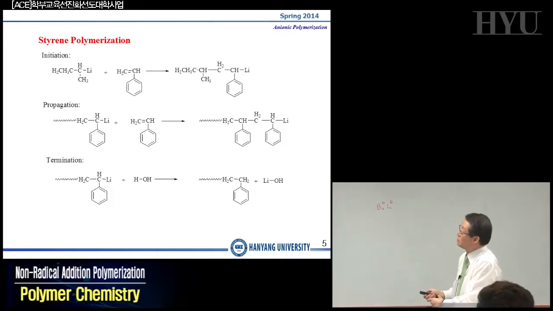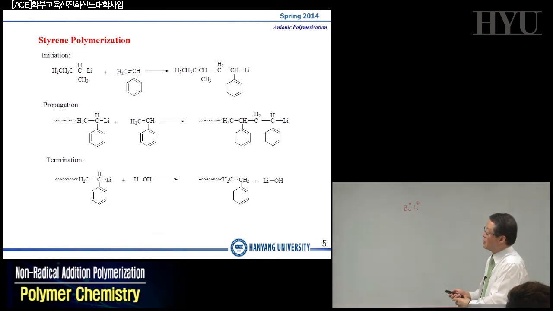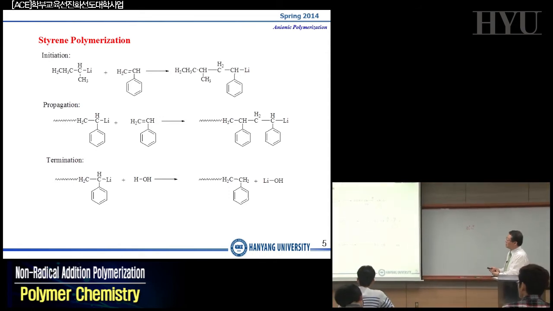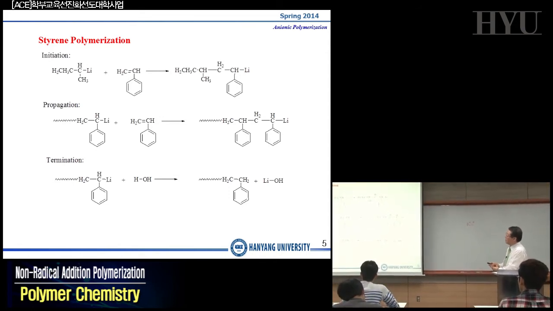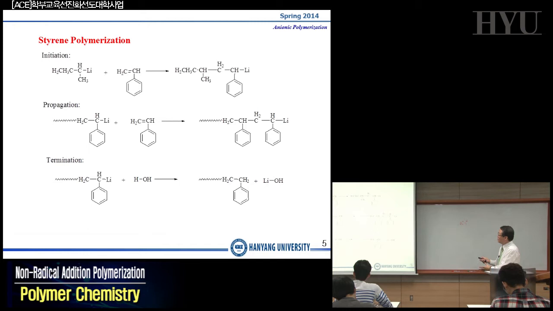Butyl will act as a negatively charged ion, just like a carbanion, and lithium is a positively charged one, so that the carbanion will attack the beta carbon, and the alpha carbon will become the carbanion again. In this way you have a carbanion at the alpha carbon, so that you propagate and terminate when you have a proton donating water here. So this scheme is not correct, as you can see.